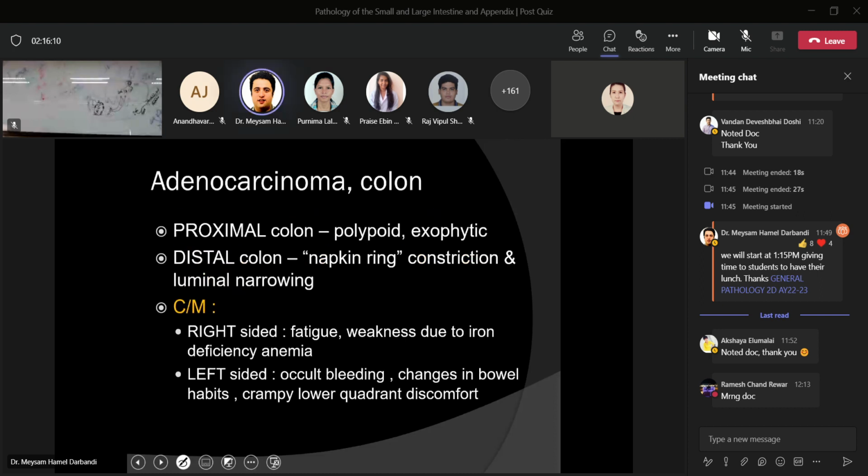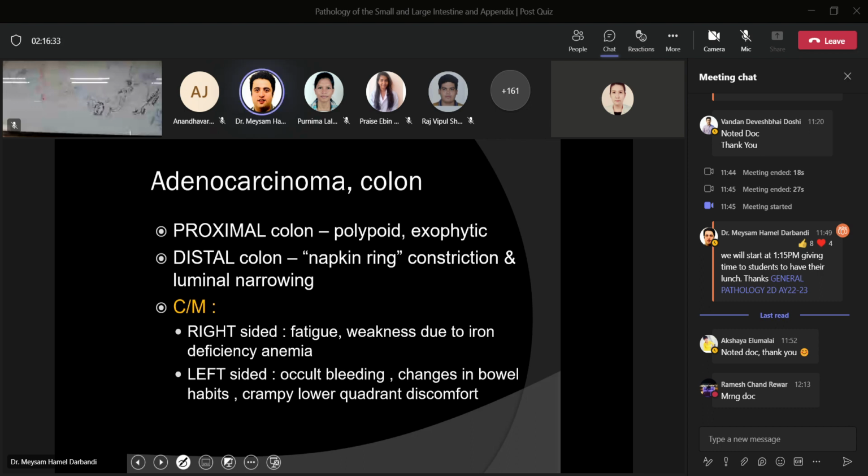So adenocarcinoma of the colon happens in the proximal colon, polypoid exophytic. Distal colon is a napkin ring, constriction and luminal narrowing. So clinical manifestation is right-sided, and we also have left-sided. If it's right-sided, it will cause fatigue, weakness due to iron deficiency anemia.